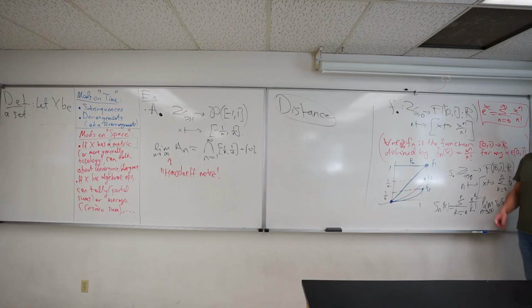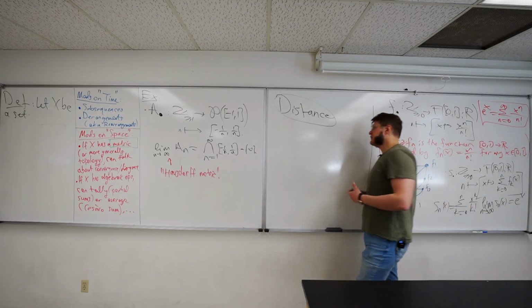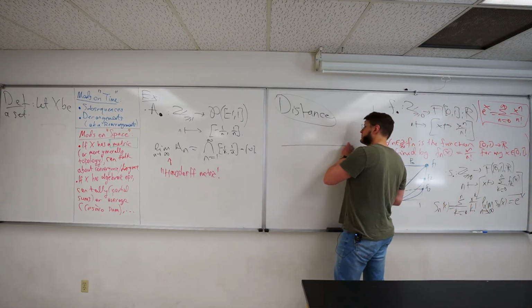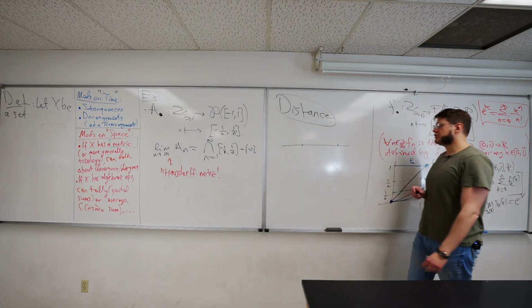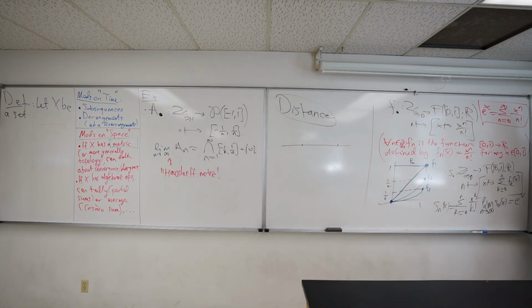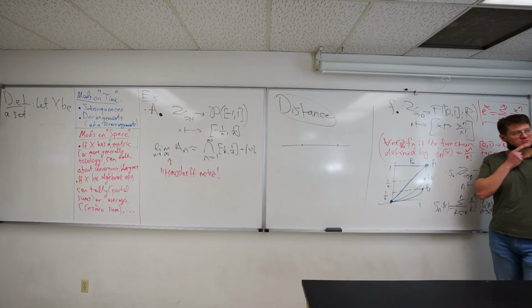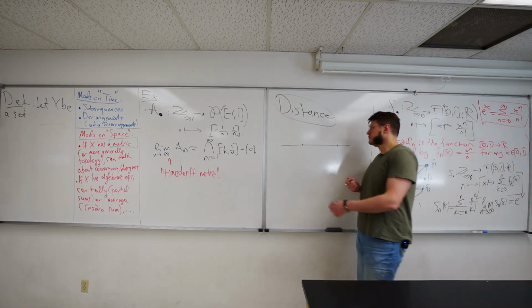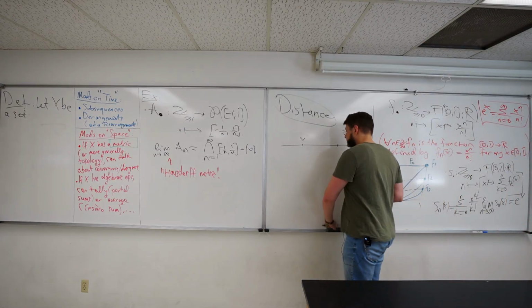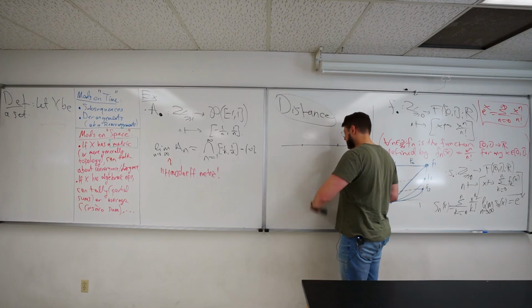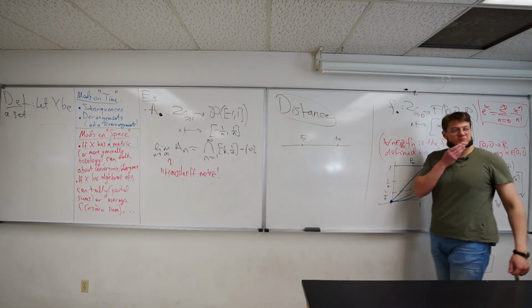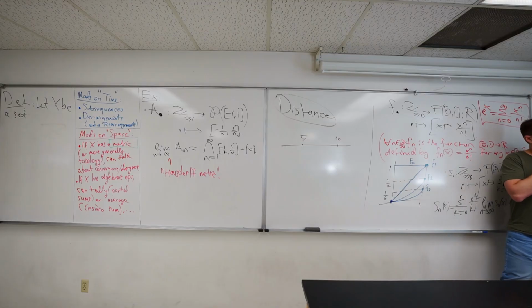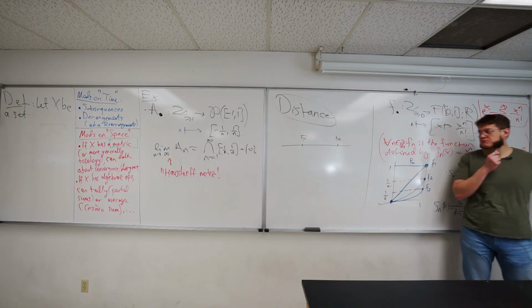Okay. And of course, we start from the beginning. If I had the line, the real line, and if I had 2 points, how could I make sense of the distance between them intuitively? Well, even before that, let's say this is 5, this is 10. What is the distance between them? 10 minus 5, 5.